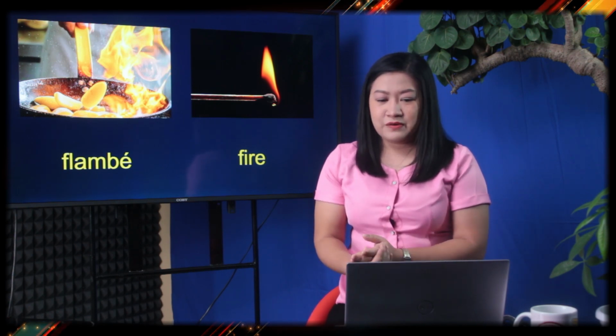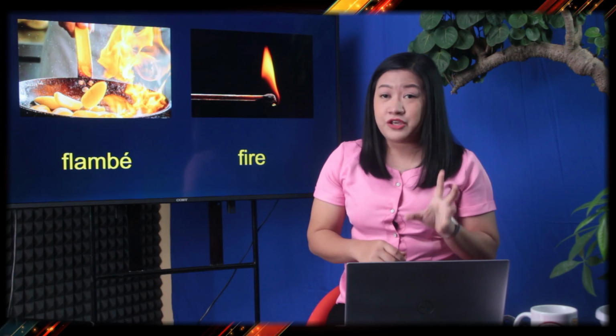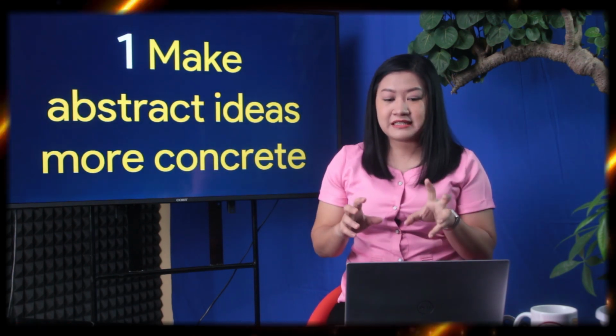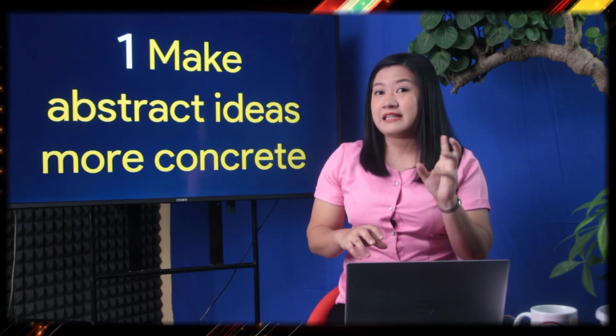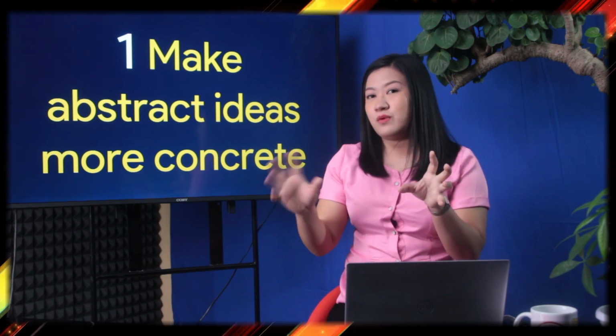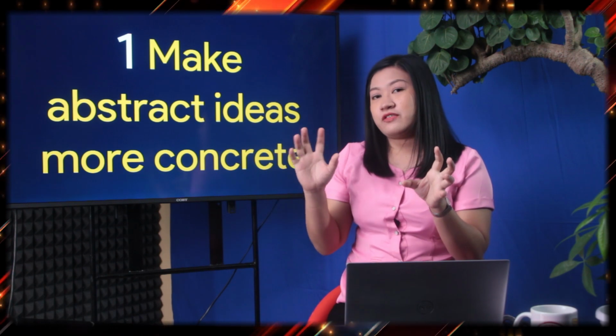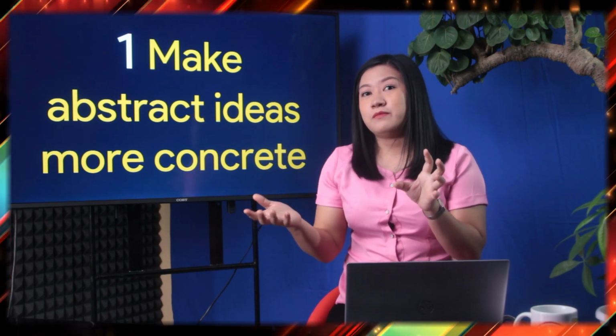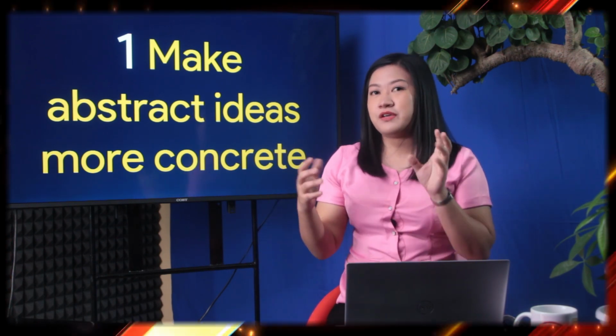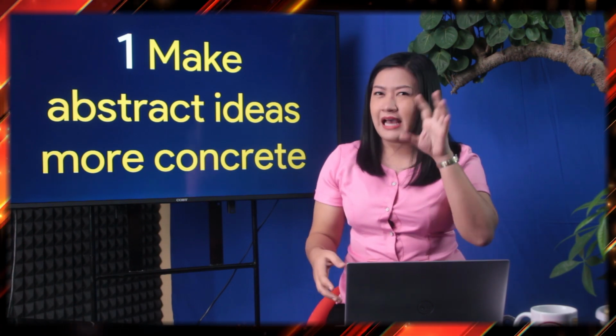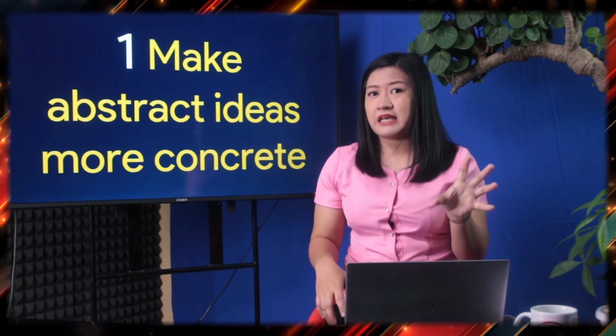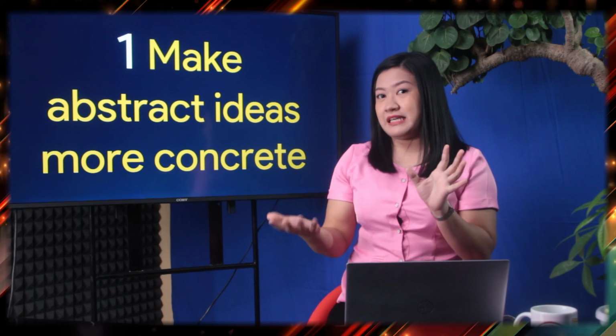Okay? So there is a use of connecting the abstract idea to the concrete one, to the one that you are already familiar with. So with the use of analogy, that abstract idea or that difficult idea might be easily understood.